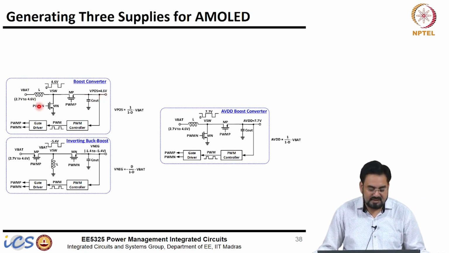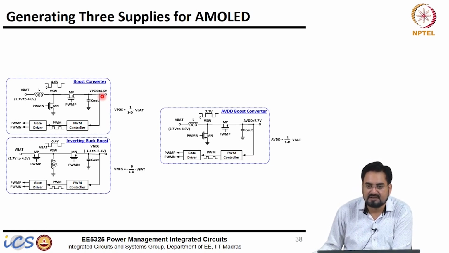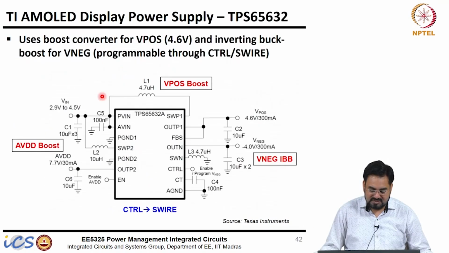Even if you make it 0% duty cycle, you just bypass. It is a boost, so 0% duty cycle means Vin equals Vout. There will be some IR drop from the current being drawn, so the output will always be less than your input. So we can hardly regulate at 4.6 volt; it is very difficult. That is the main problem.